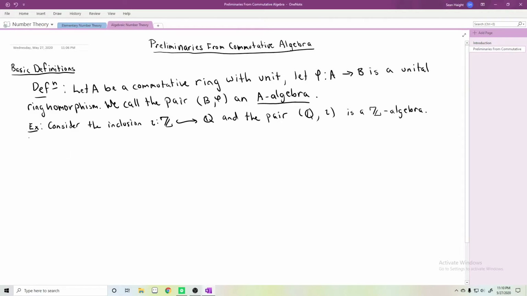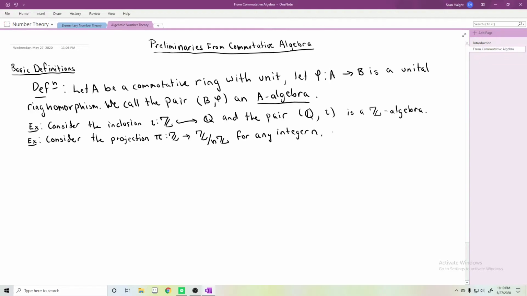You could also, I mean, this map doesn't have to be injective. You could also consider the projection pi from Z to Z mod nZ for any integer n.